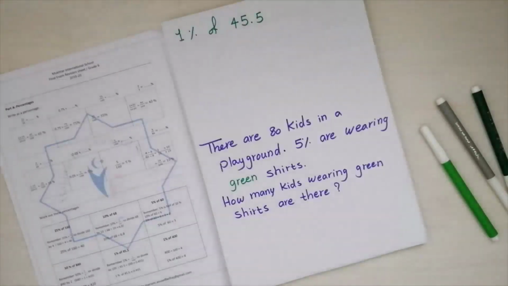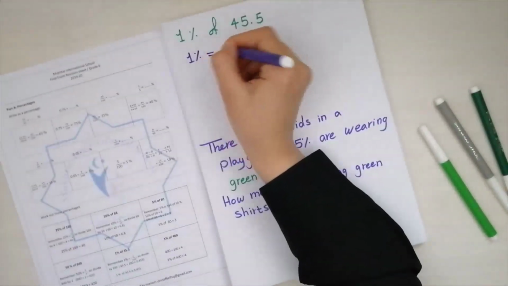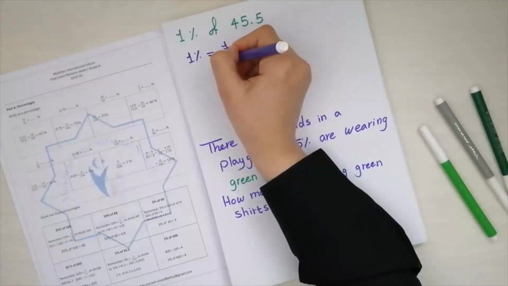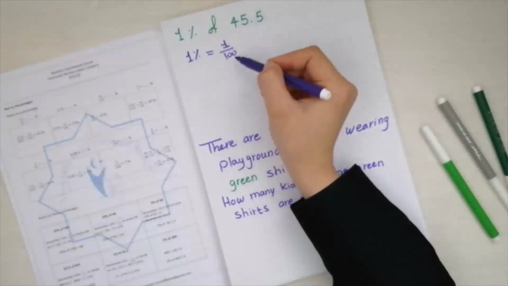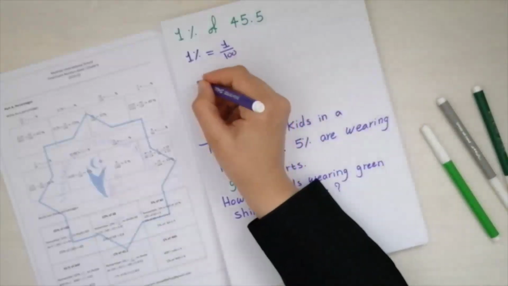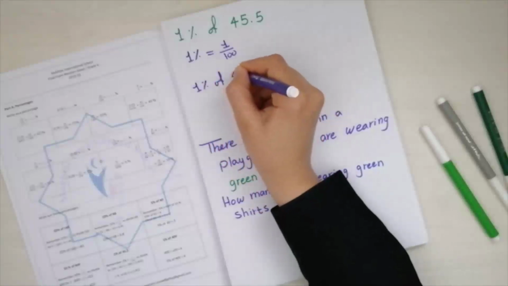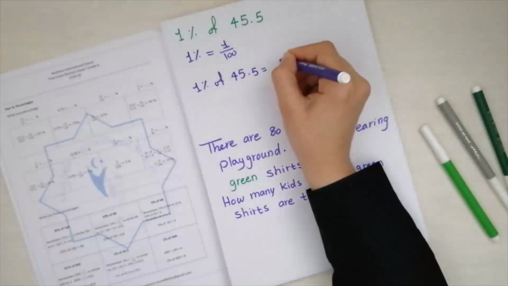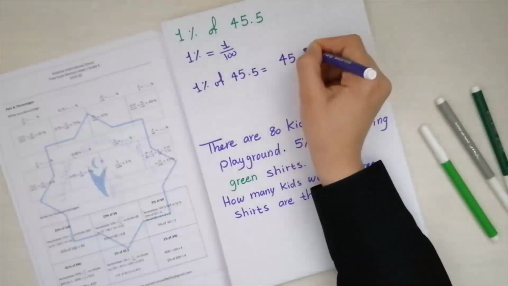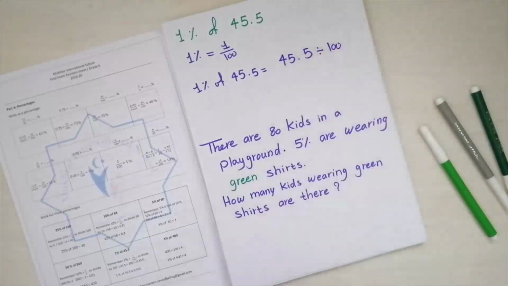The third part is 1% of 45.5. We know that 1% is the same as 1 over 100. So if you want to find 1% of any number, divide the number by 100. This means that 1% of 45.5 is equal to 45.5 divided by 100.